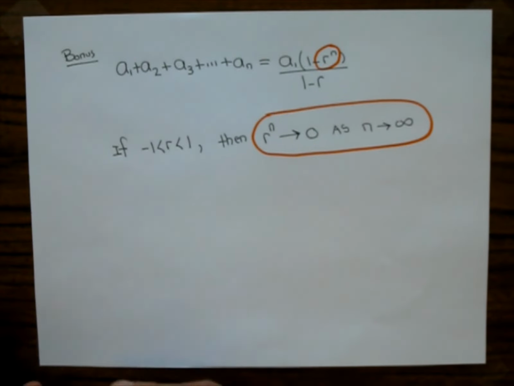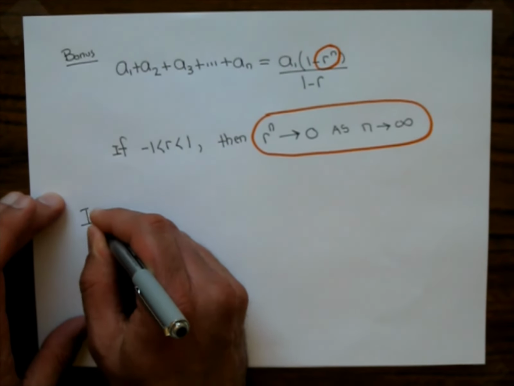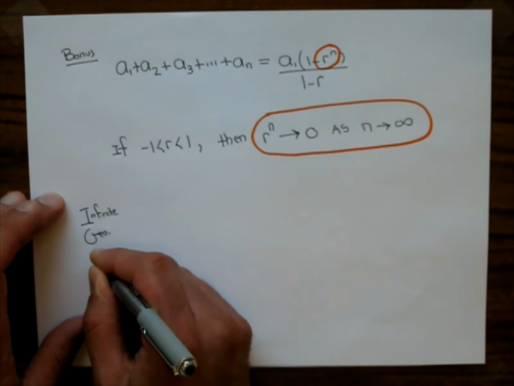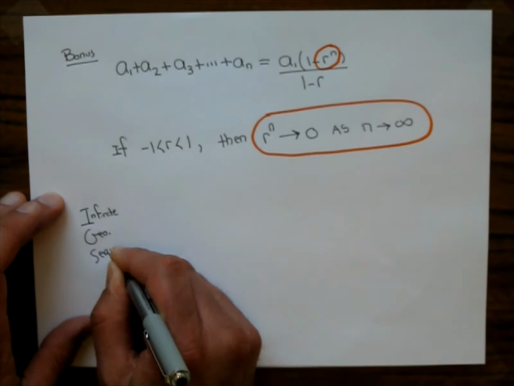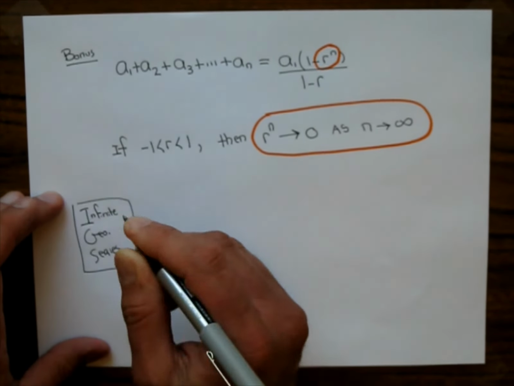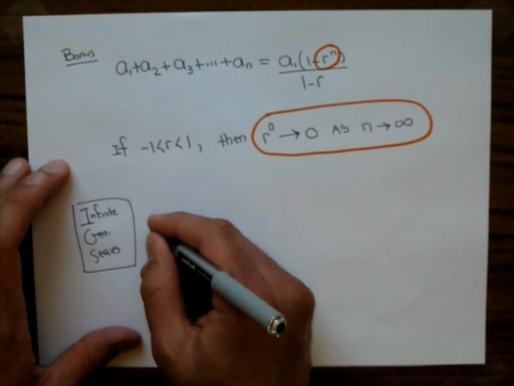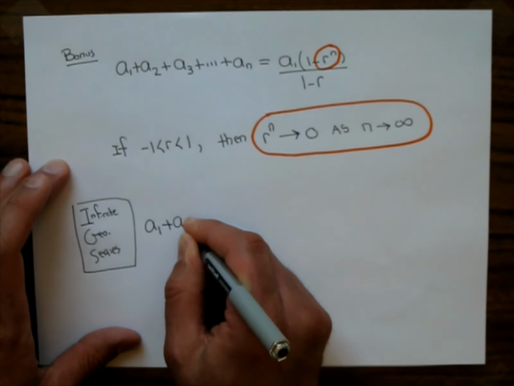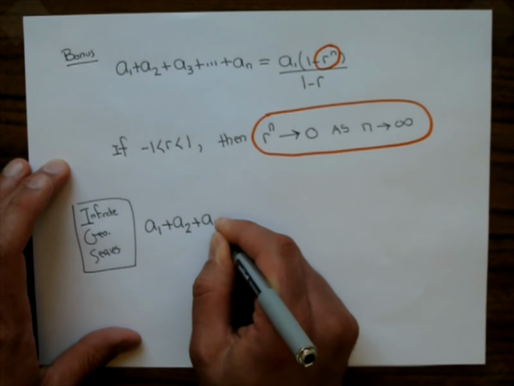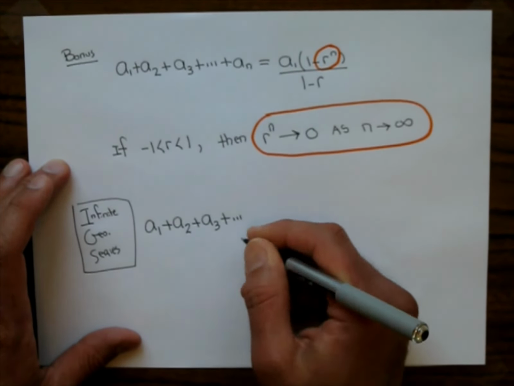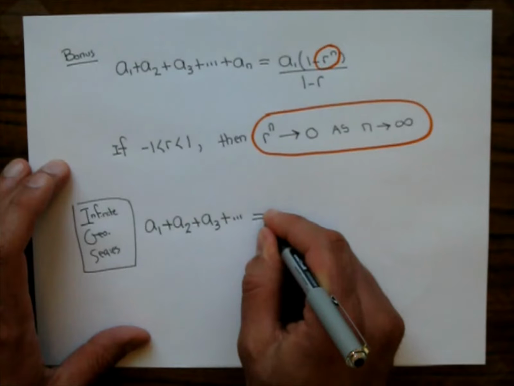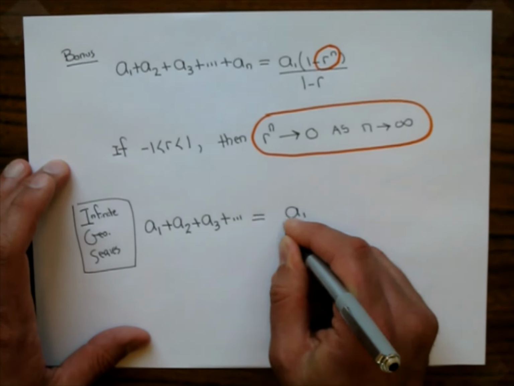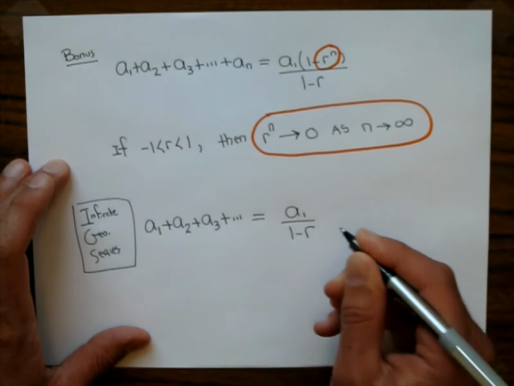So they have something called an infinite geometric series. And we study this in second semester calculus, that if your series goes like a1 plus a2 plus a3 plus yada yada yada and never stops, then since r to the n is 0, this is going to equal a1 over 1 minus r.